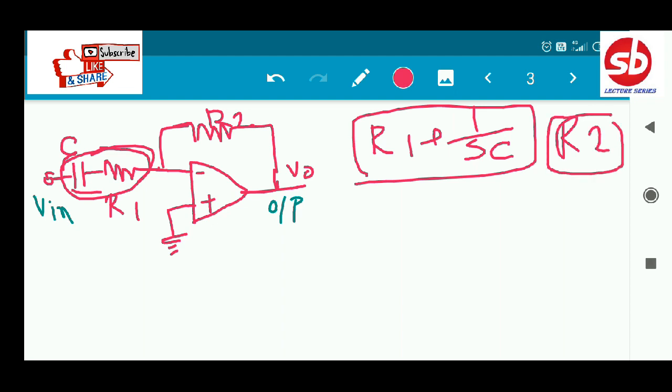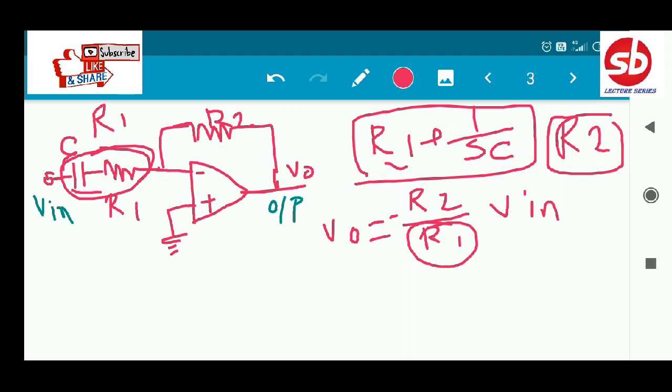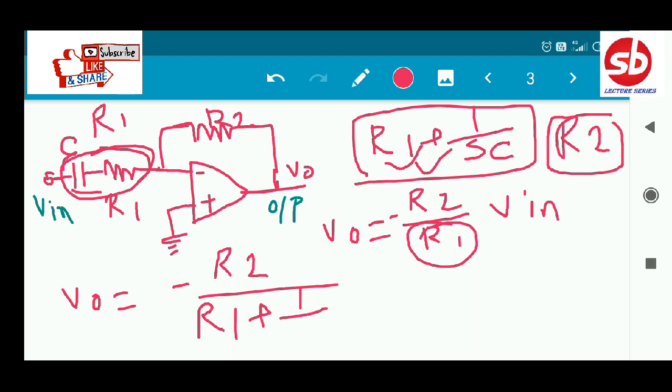If this is R2 and this is R1, this is a simple inverting amplifier, and the output of the inverting amplifier is minus R2 divided by R1 times Vin. So here, instead of R1, we have to write R1 plus 1 by SC. So V0 is equal to minus R2 divided by R1 plus 1 by SC into Vin.